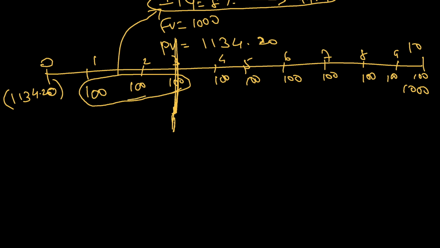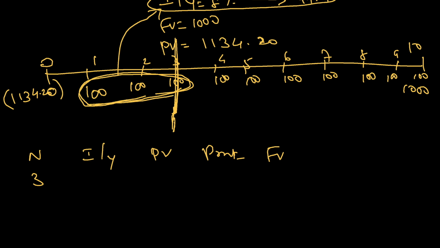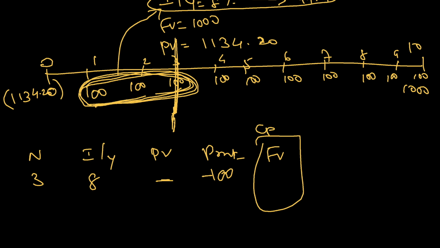So I need to find out the future value of all these 100. In order to find out the future value of all these 100, I will use the calci again. N, IY, present value, payment, and then future value. N will be 3 because I want to find the future value of all this 100. IY is 8 because that is the interest rate prevailing in the market. Present value is nothing. Payment is going to be minus 100 because I'm investing 100, and I need to compute the future value.